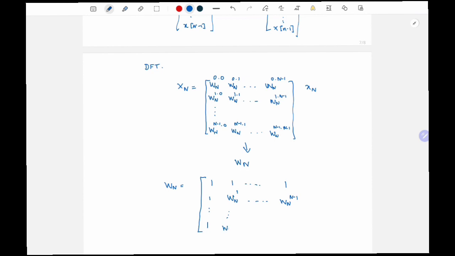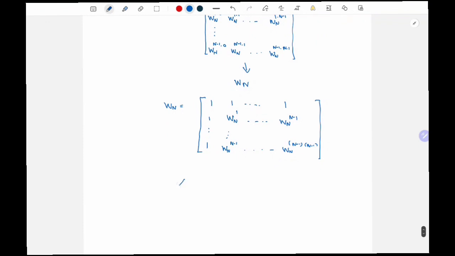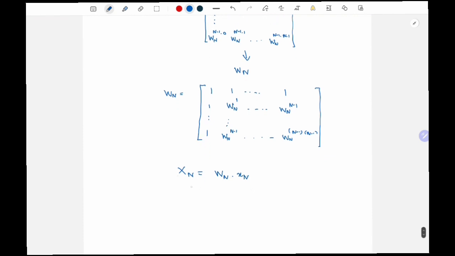And in the final row I have W_N power N minus 1 up to W_N power N minus 1 into N minus 1. So this is my W_N matrix and my X is given as W_N into x. If you have to find the inverse, I just have to take an inverse, right? So I'll take W_N inverse into X.